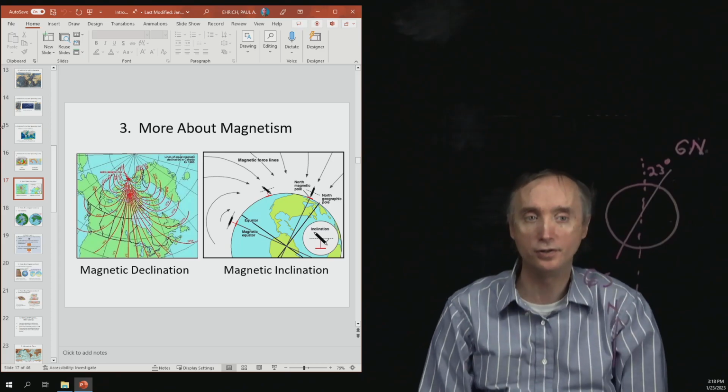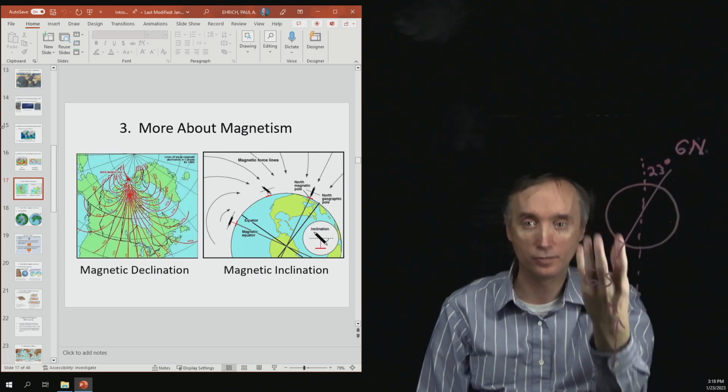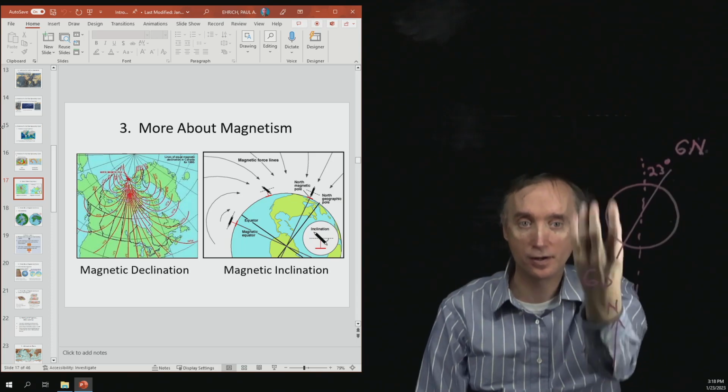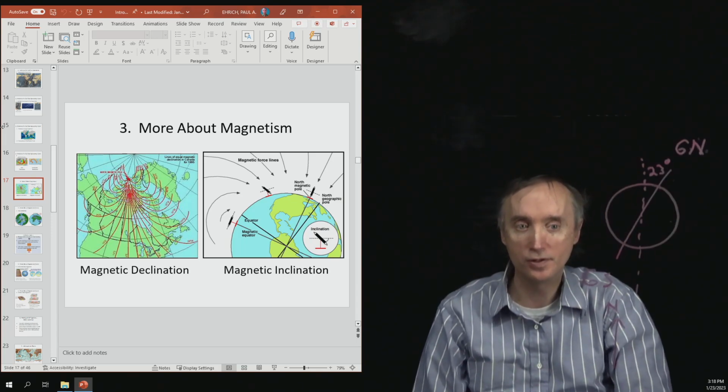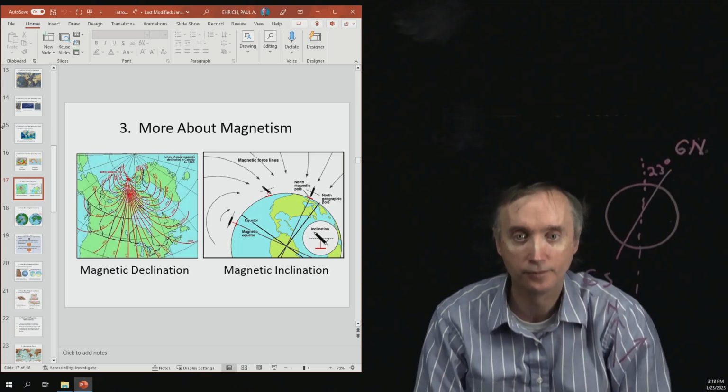When you orient your map, normally you make the north part of the map straight up and down, but your compass needle would point in this direction over here.